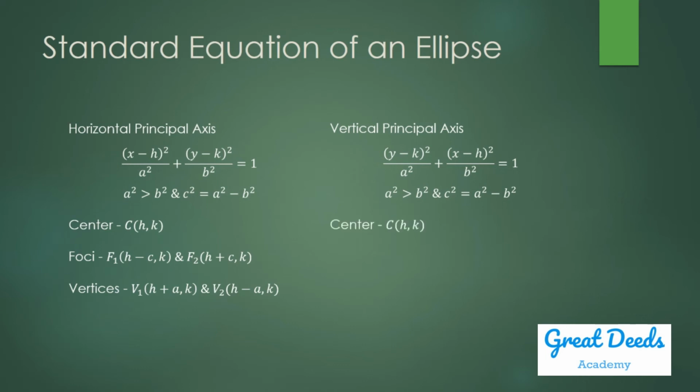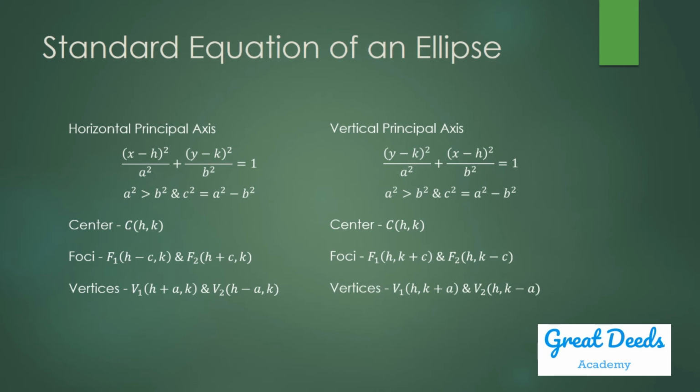Again, the center is (h, k). The center, the vertices, and the foci are collinear. Since the principal axis is vertical, to locate the foci, we begin from the center and then we move up or we move down. We measure c. You add c vertically or you subtract c vertically, plot the point, and that will give you the foci.